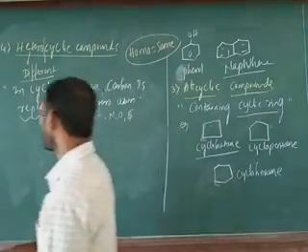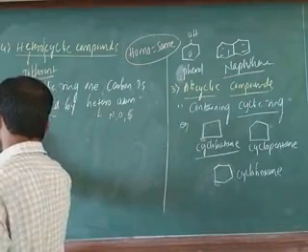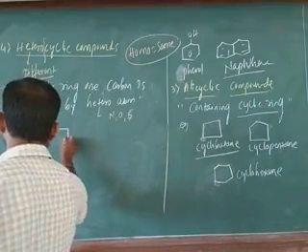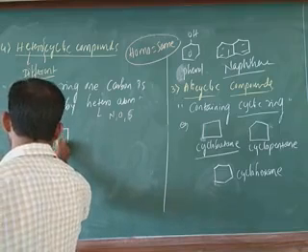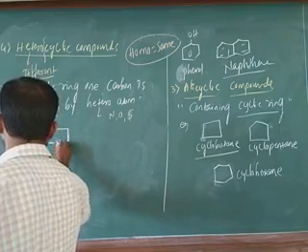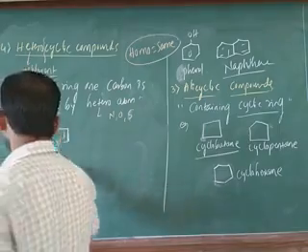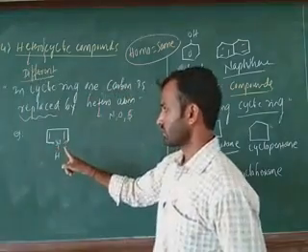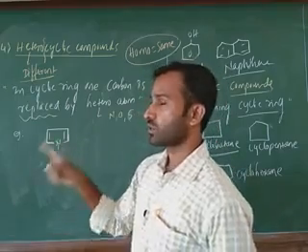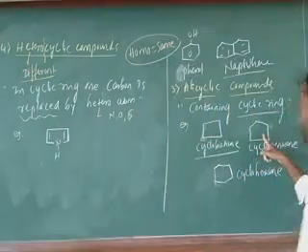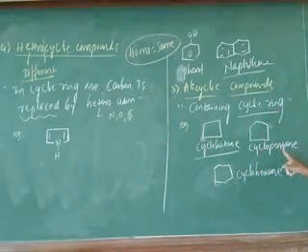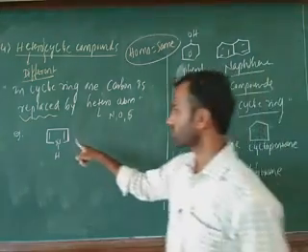Okay, an example for heterocyclic compound. I am going to write an example. This is nitrogen. First of all, this is cyclopentane. Cyclopentane does not contain a double bond, but in this case a double bond is there.